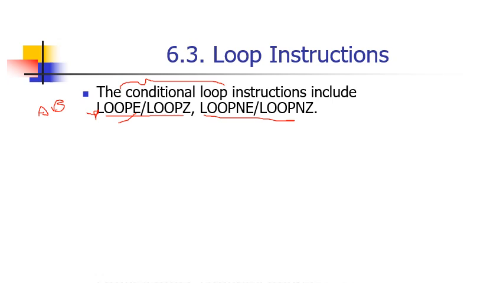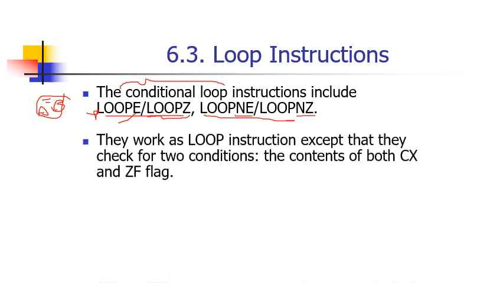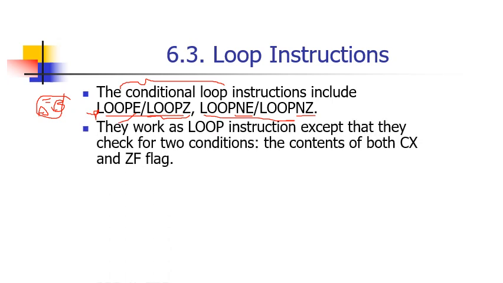And loop if equal is exactly equivalent to loop if 0. So if the difference is 0, loop, which means they are equal. Here you loop if these two numbers are not equal or the flag bit is not set, which means the difference is not a 0. Okay.